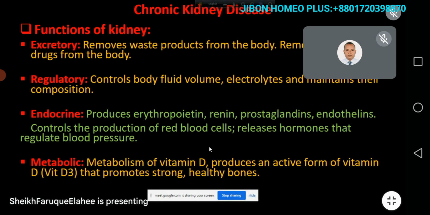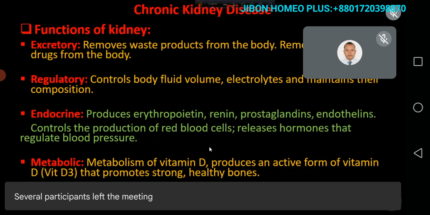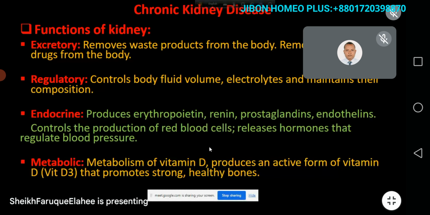This vitamin D will dictate our intestine to absorb calcium from the food and drinks, and then this calcium will come and it will mature our bone, it will solidify our bone. So when there is kidney failure, this vitamin D3 will not be produced, only vitamin D2 from liver, and vitamin D2 has no function on calcium.